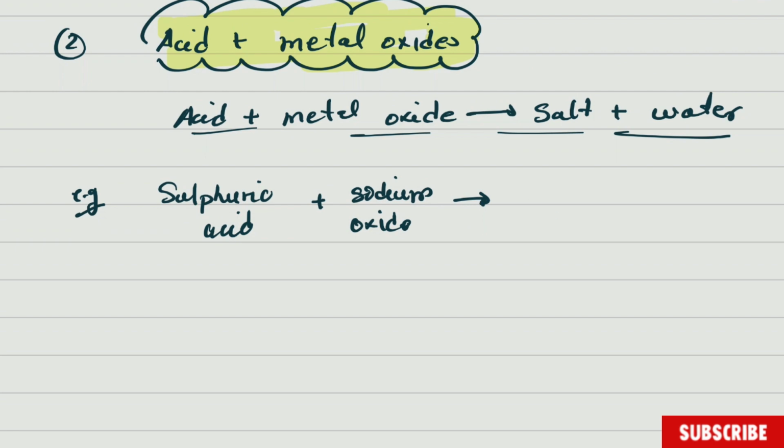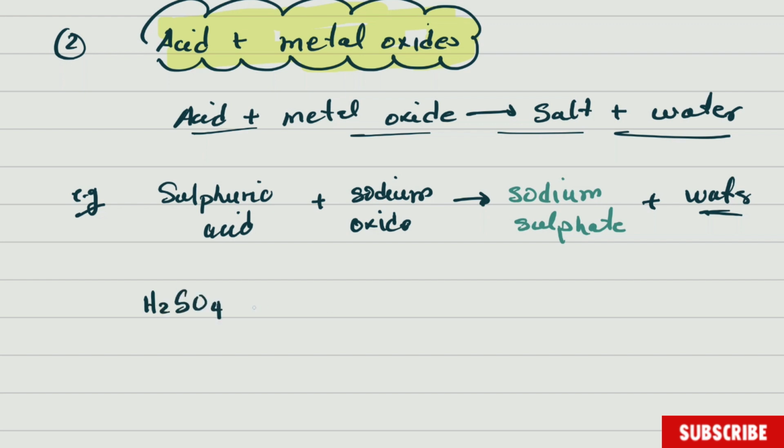The product here is going to be sodium sulfate plus water. Now, how does this work? Remember, the formula for sulfuric acid is H2SO4, aqueous, plus sodium oxide. You're supposed to know now how to write the formula: this one is going to be Na2O. Now, sodium sulfate and water.